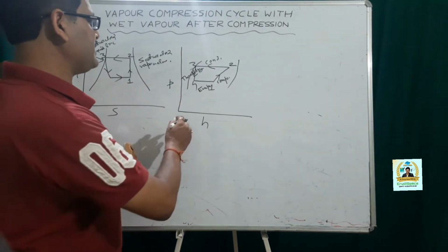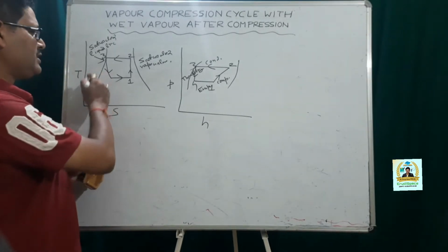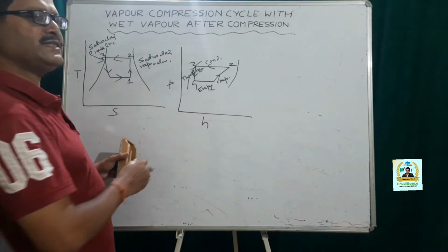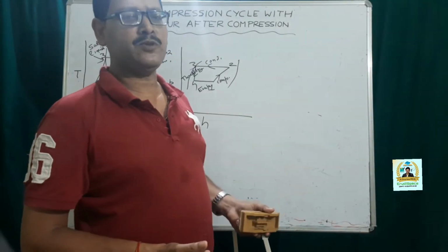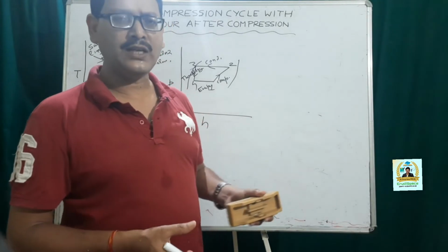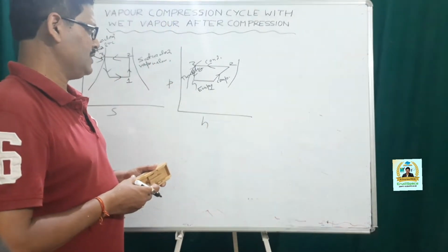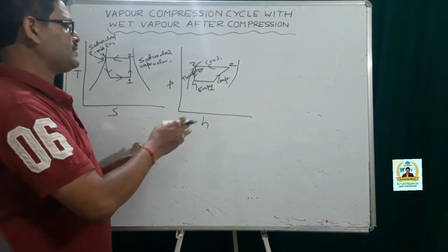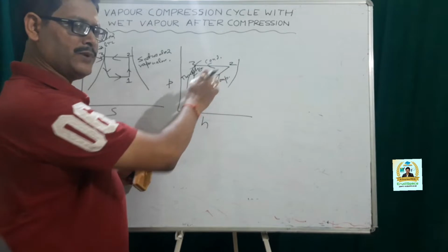So 1-2 represents the compression process. Both the TS diagram and PS diagram refer to the thermodynamic processes undergone by the refrigerant, which is the working substance in any refrigerator. First, the refrigerant will enter the compressor.